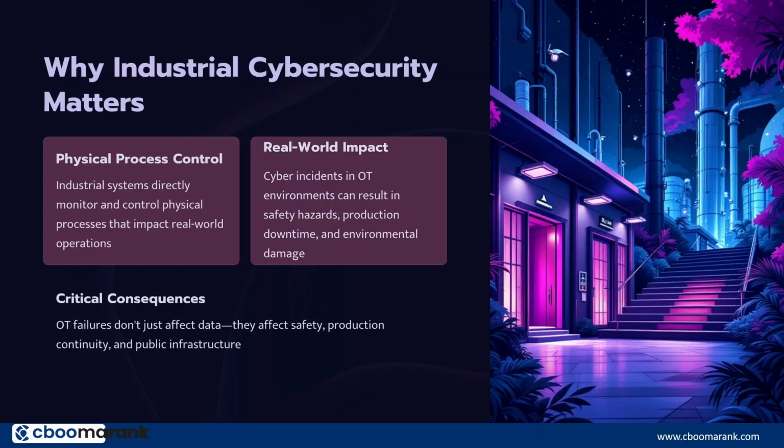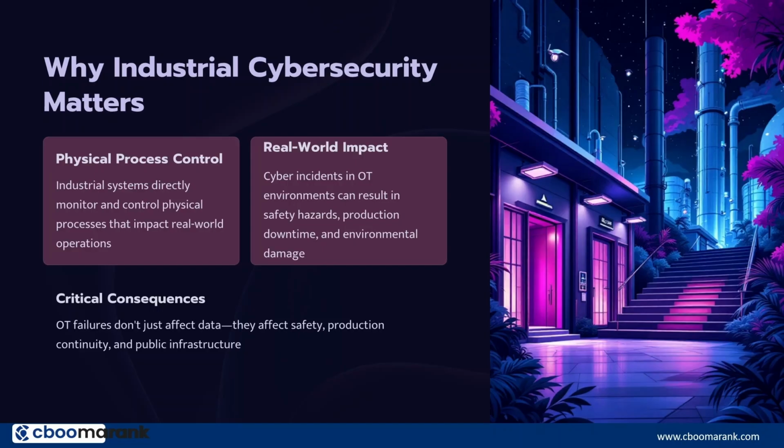We will see these key components of industry in the next slide. The main thing is industrial cybersecurity protects the building blocks of industries. So a cyber attack on these systems can have physical consequences, which makes their protection extremely important.